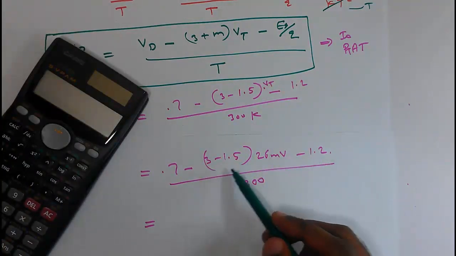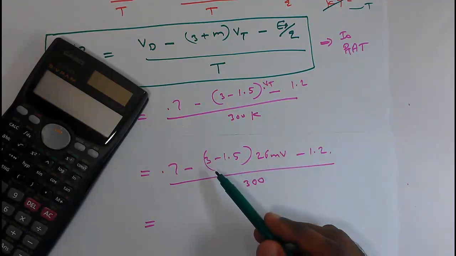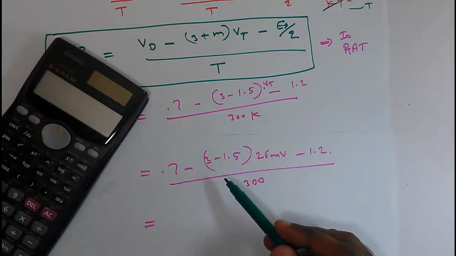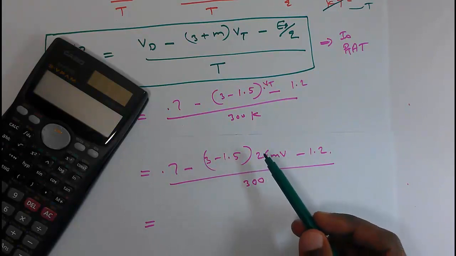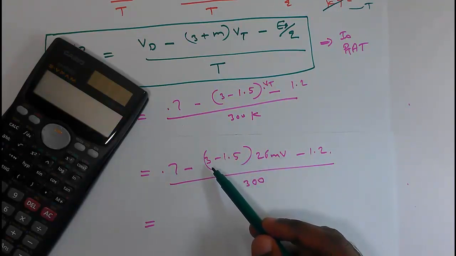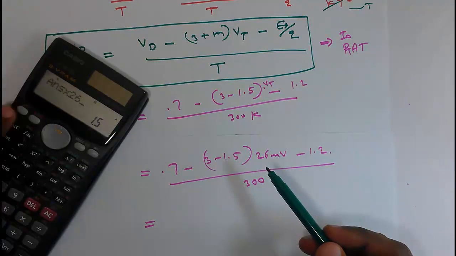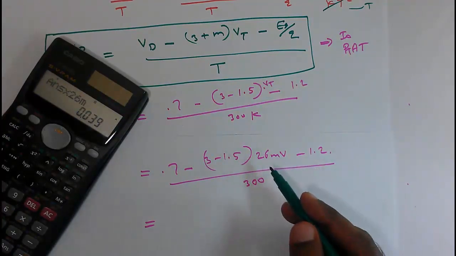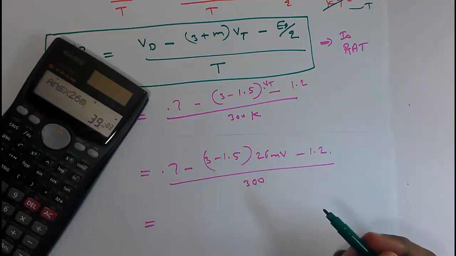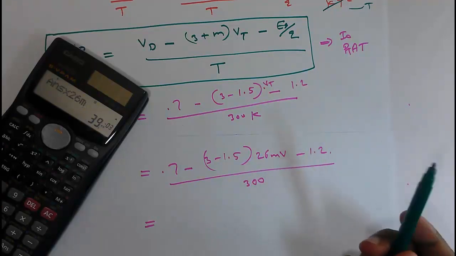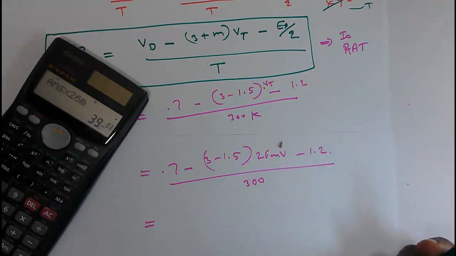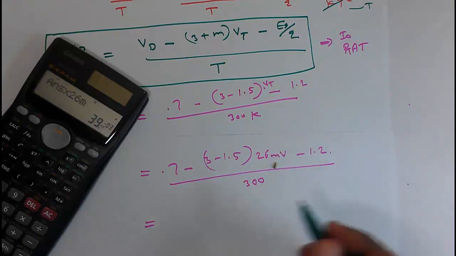Now I am finding only the middle term, because that is the only term that changed from the previous. Instead of 4 it was 3, now it is 3 minus 1.5 into 26 millivolt, that is equal to 39 millivolt.